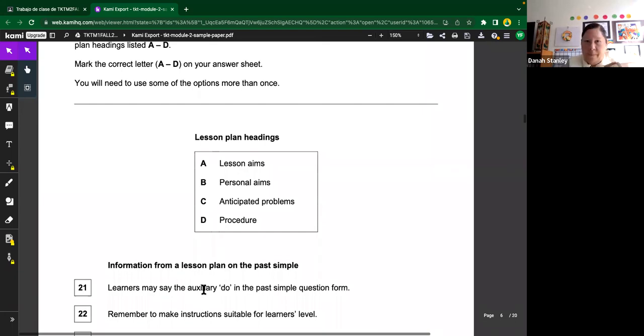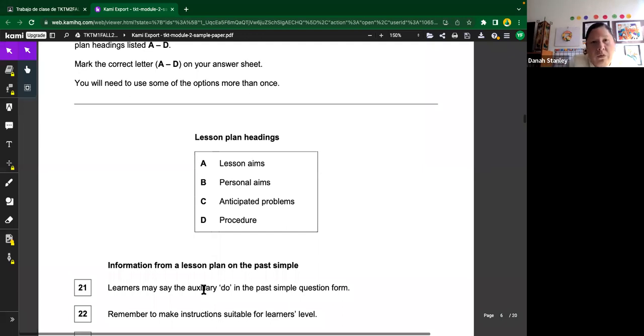Take the time. For me, the most important thing is the time, because they tell you that when the time is over, you are not allowed to write anything else. Entonces, administration of time is really, really important.